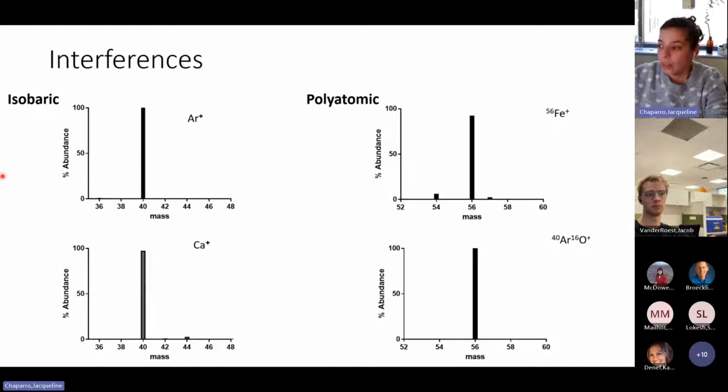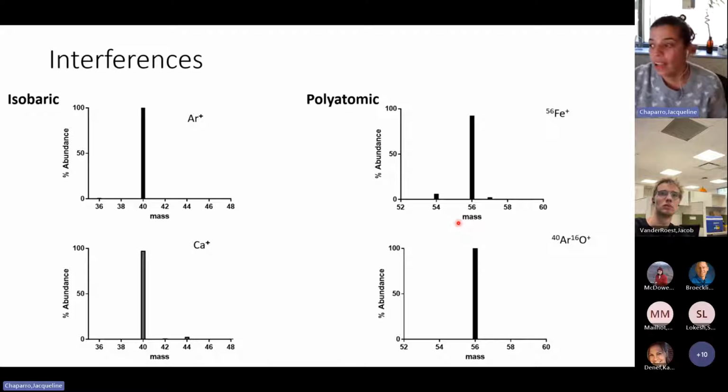Similarly, you can be interested in measuring iron, and the most abundant isotope for iron is iron 56, but a polyatomic species is formed. Like I said, the plasma is super energetic, and so a lot of these different species are formed, and one of them is argon oxide, which has the same mass as the most abundant ion of iron.